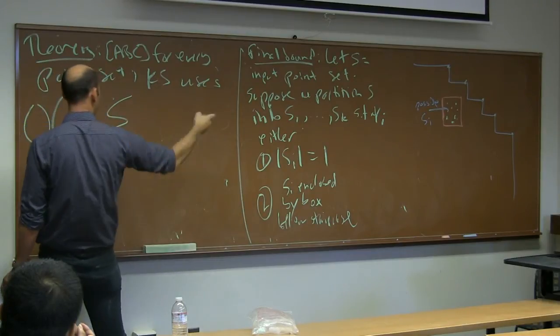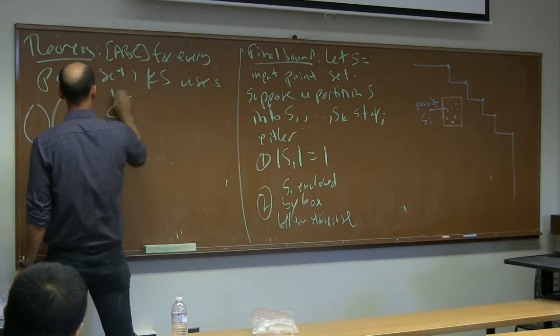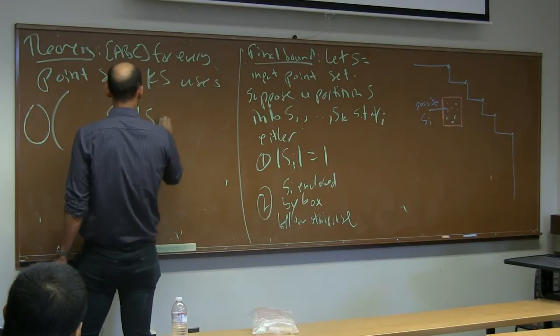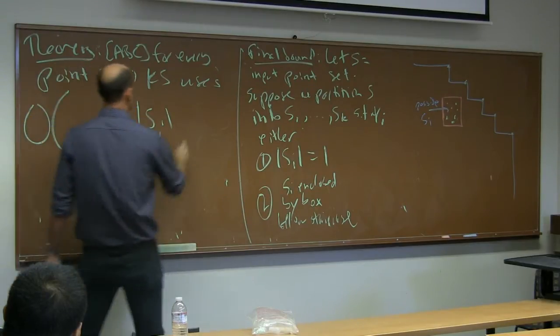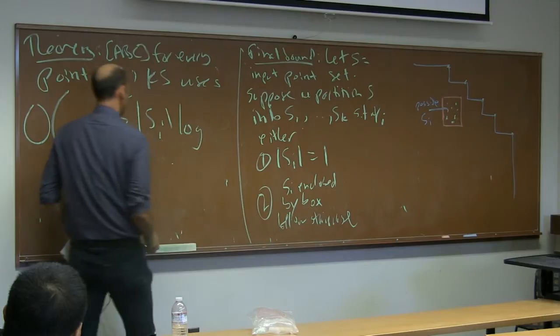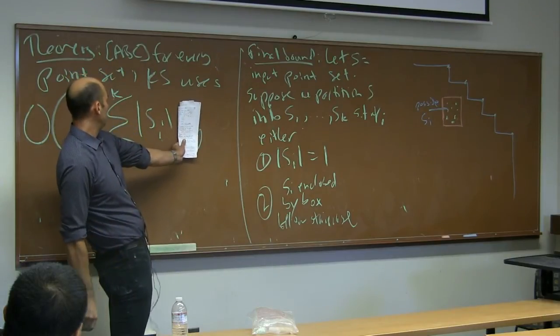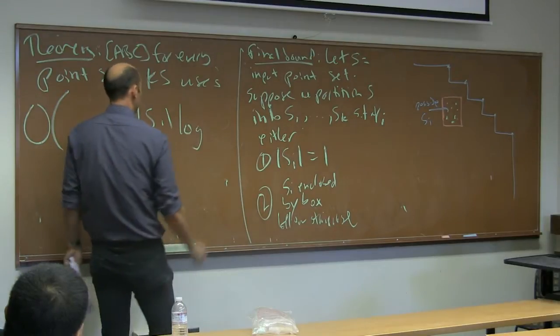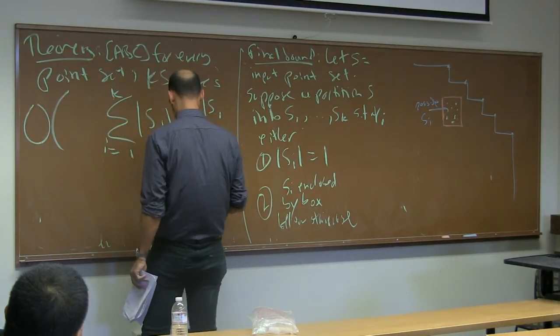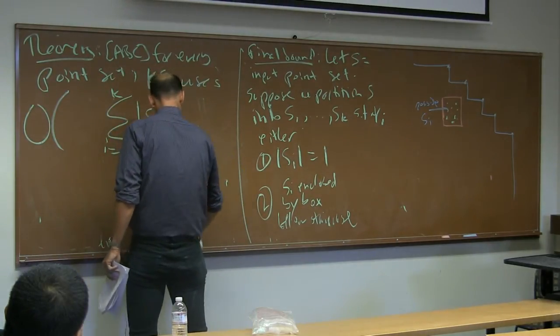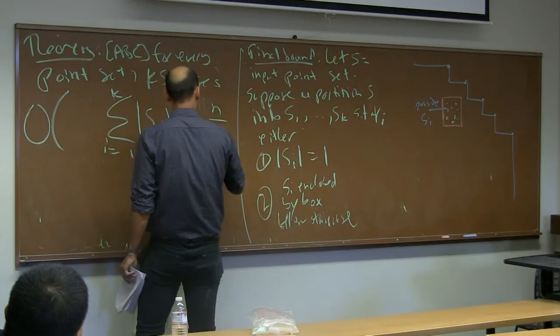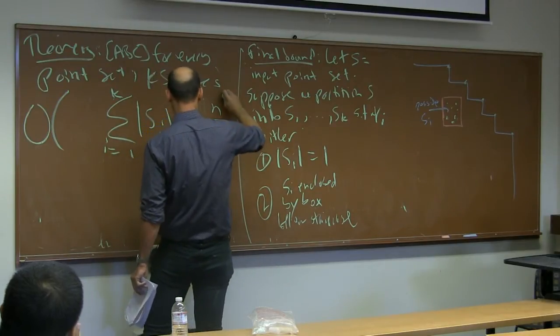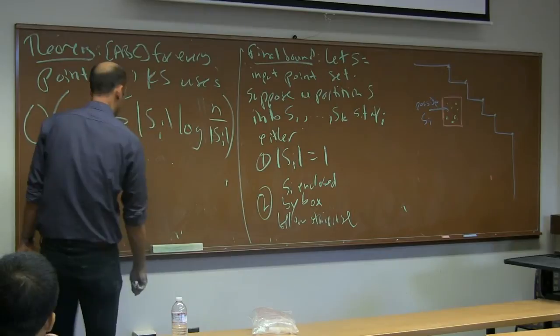For a fixed partition of this form, this is the function we're going to look at. We sum over the boxes in the partition. If it was just this, it would be kind of silly, because we know that the sizes of the groups sum to n. But in addition, we look at n over the size of the points in the group.